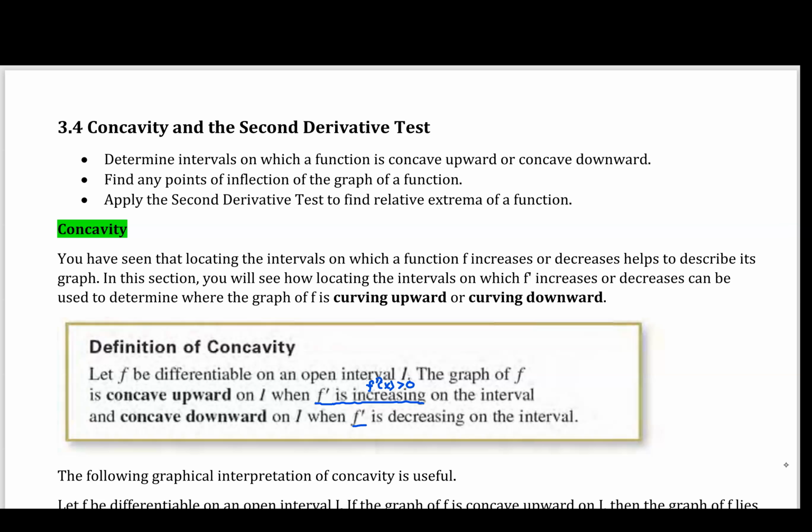And also when you say that a function is decreasing, that means that the derivative of that function, in this case f prime, so the second derivative of the function f of x, is less than 0 on that interval.